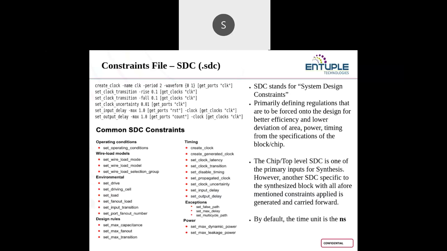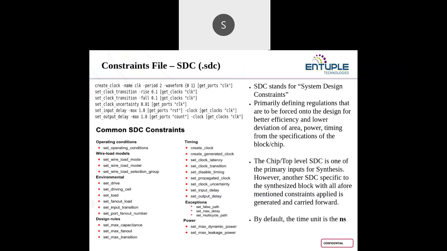Even with area, timing, all three targets, predefined constraints you can mention in the SDC file. So it again depends on the designers how they are interested to write the SDC file, based on what specification they want to write the SDC file.